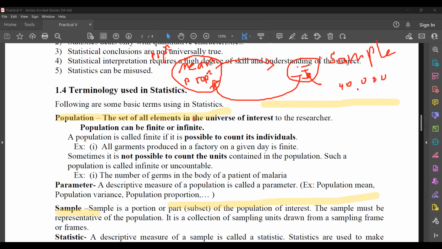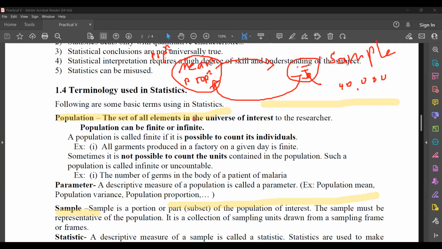We want to study the average weight. That is our target. But to come up with the average value, we have to collect data from certain elements or individuals or certain objects, right? Those groups of objects or individuals are called the population.